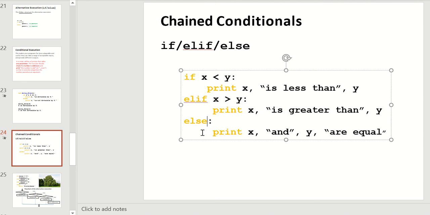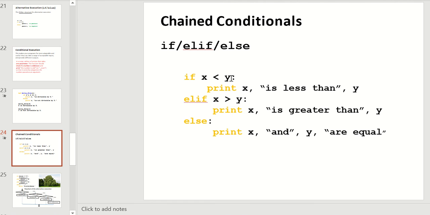We remember that there's no condition assigned to else. It's basically a statement to execute, but only if all of the other mentioned conditions are false. Elif allows you to check whether or not another condition is true.